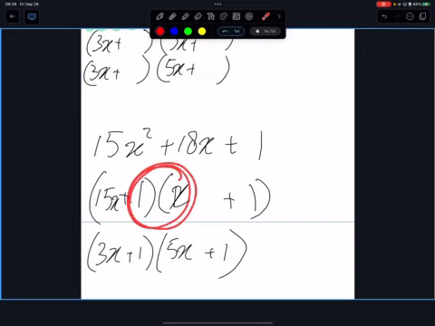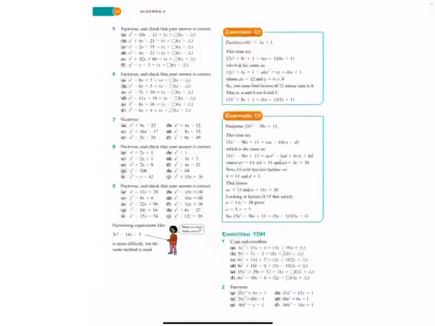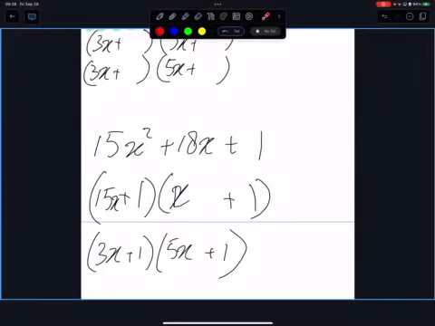Did I write it wrong? Oh yes, I wrote it wrong. Sorry, it's 8x. I wrote it wrong. So it's this one. Here, I wrote 18.